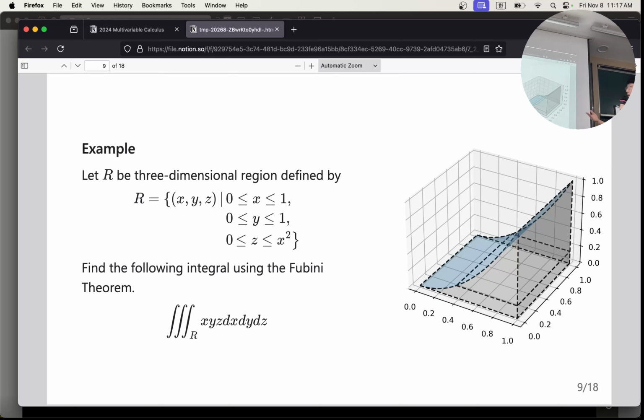I want to integrate the three-variable function xyz over the region R. How do I do that? How do you cut the section? Okay, let's follow this order. First, I cut the section of the volume perpendicular to the x-axis.